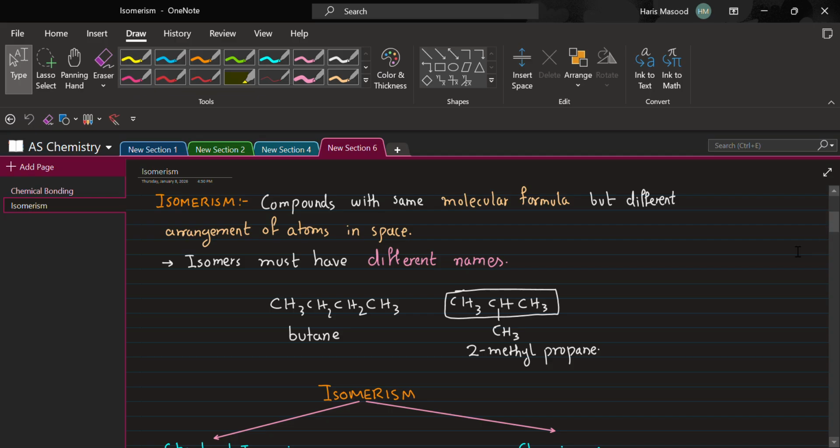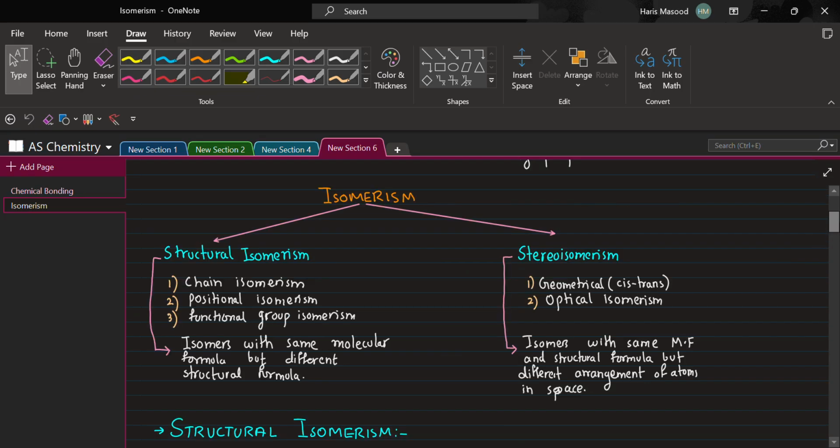Isomers are of two general broad types. First is structural isomerism, and the other is stereoisomerism. Structural isomerism has three further types: chain isomerism, positional isomerism, and functional group isomerism.